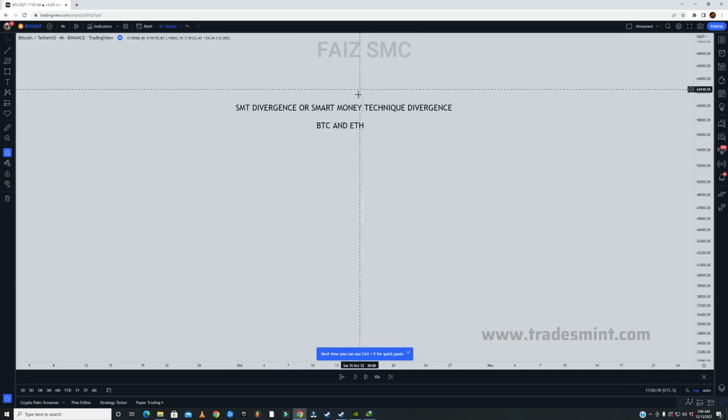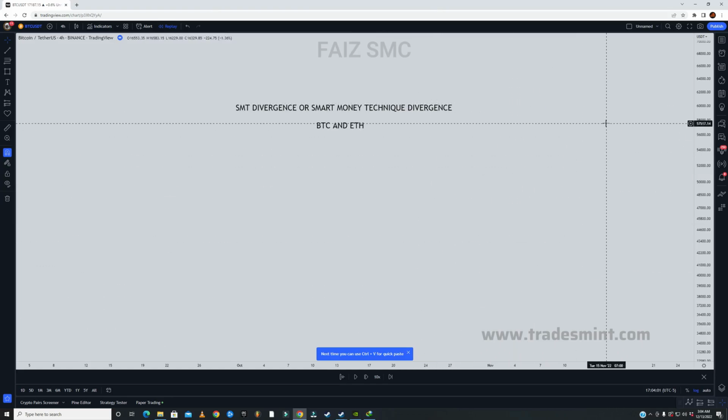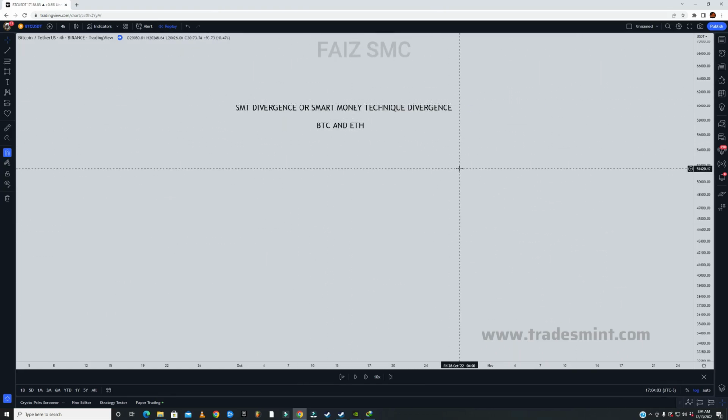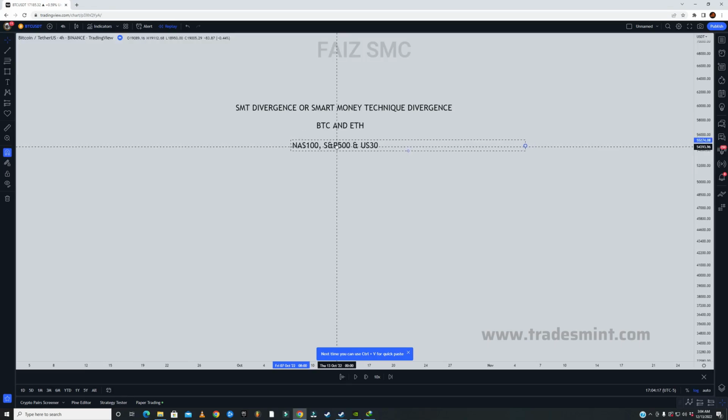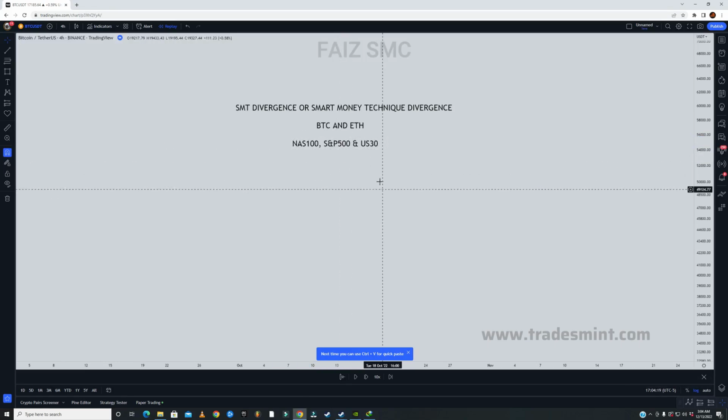If Bitcoin is going up, Ethereum should be going up as well. If Bitcoin is going down, Ethereum should be going down. And then we have NAS 100, S&P 500, and US 30. These 3 pairs have similar movement as well.